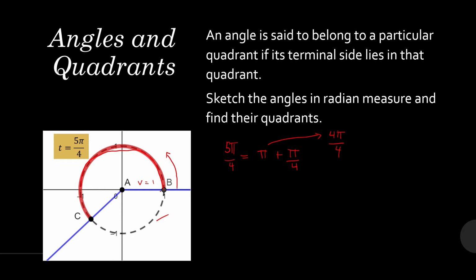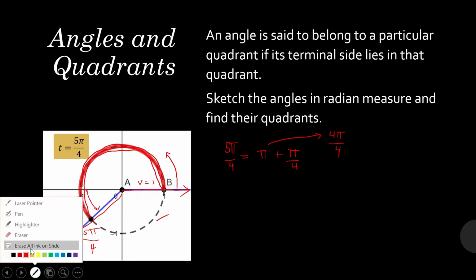So 5 pi over 4 is equal to pi, that's the arc of the semicircle, and then you will add an extra pi over 4. So this one is 5 pi over 4. So again, what is the angle here? The angle here is this: the two arms, the two rays. This is the angle, and the angle measure is the length of this arc. Okay, so let us clean this.